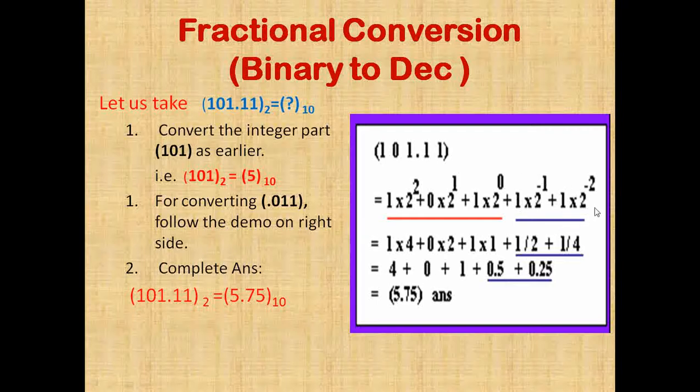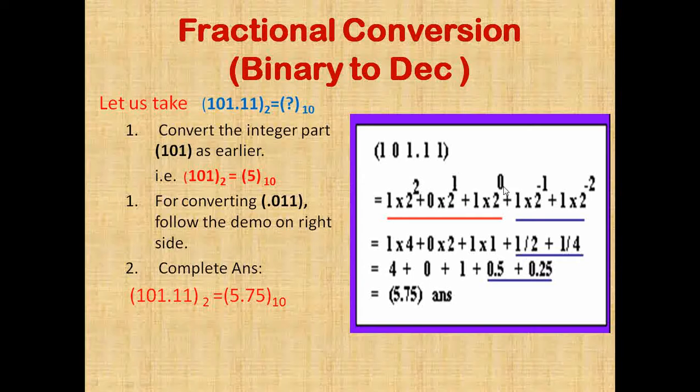Starting from the digit before the decimal point, we will put 2 to the power 0, then increase it by 1, and again by 1. So it becomes 2 here.